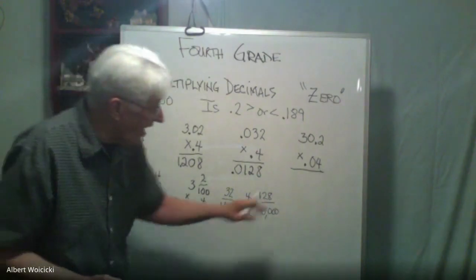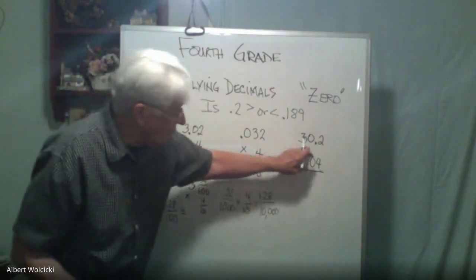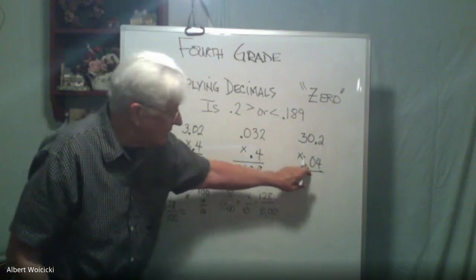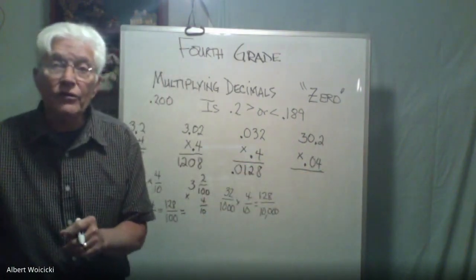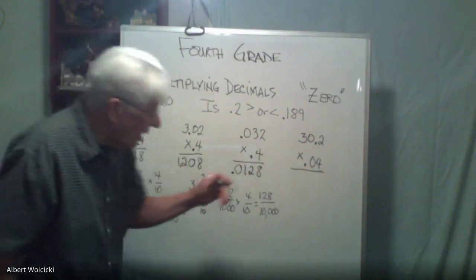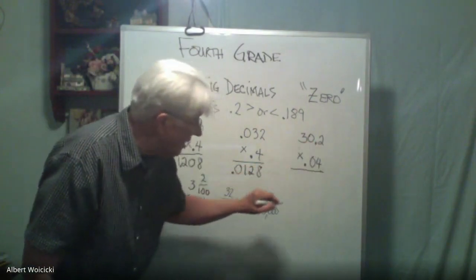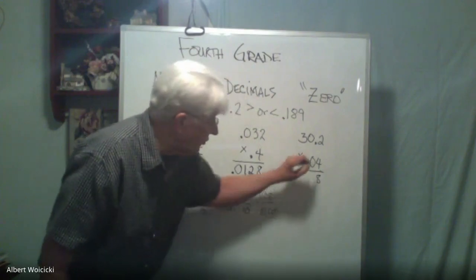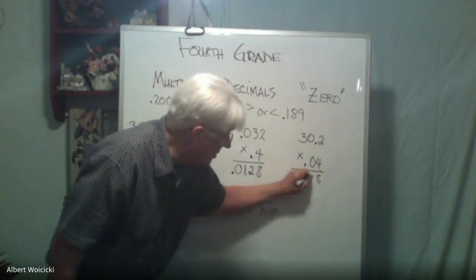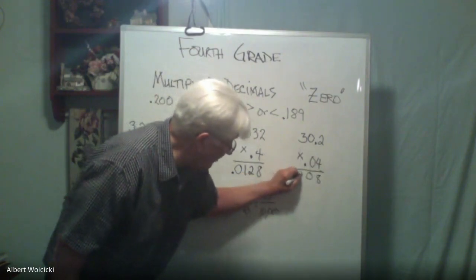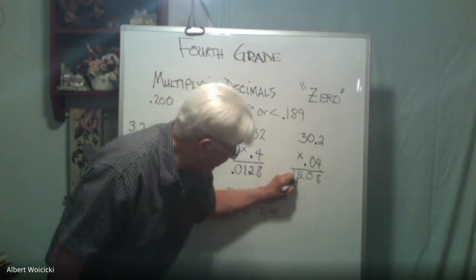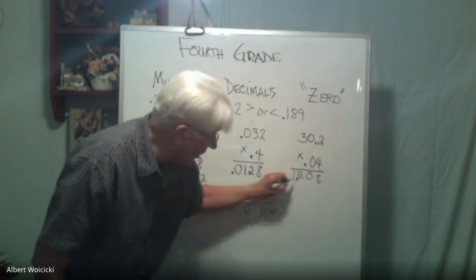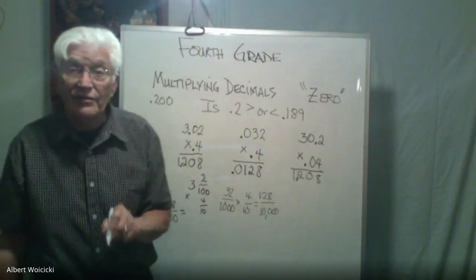So, and finally over here, we have 30 2/10 times 4/100. And so again, we have the same numbers. 4 times 2 is 8. 4 times 0 is 0. And 4 times 3 is 12. And again, you tell them 3 places, so I get 1 208 thousandths.